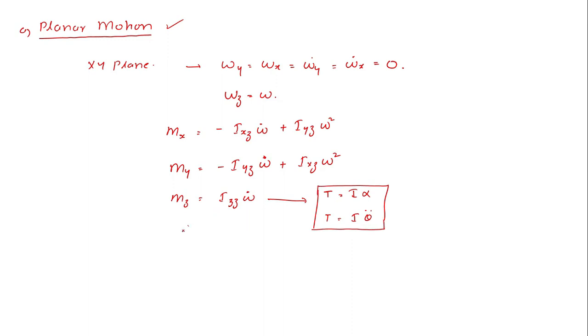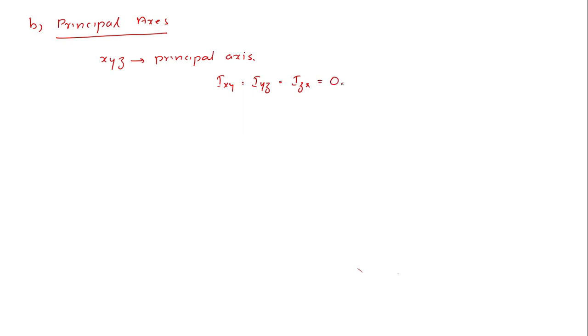Okay. Now the second case is where the xyz frame is oriented along the principal axis. Okay, the xyz reference is aligned along the principal axis. In that case, the products of inertia, that is Ixy, Iyx, Iyz and Izx etc. will become equal to 0.